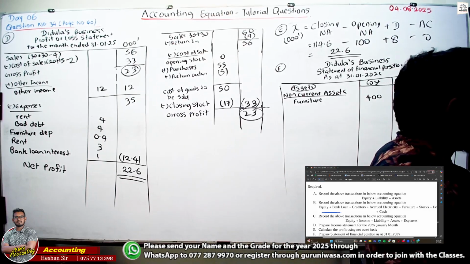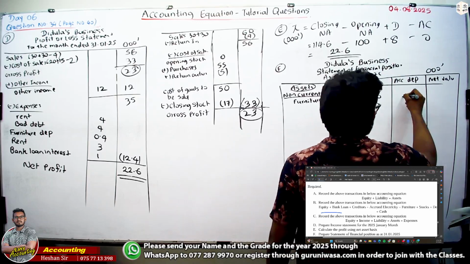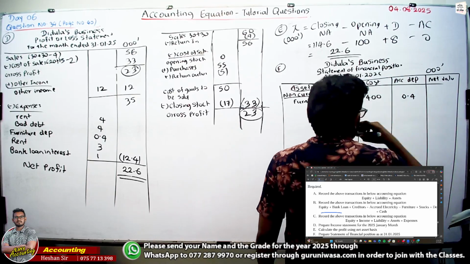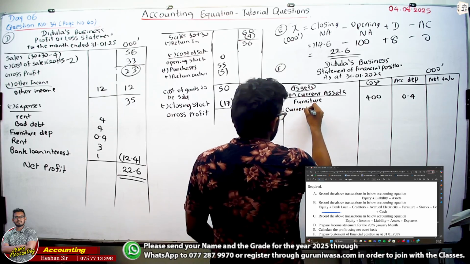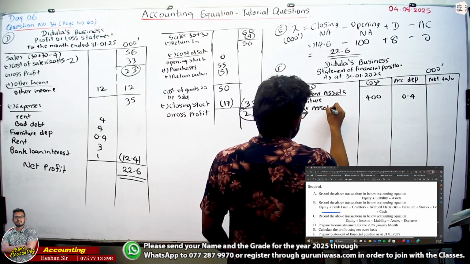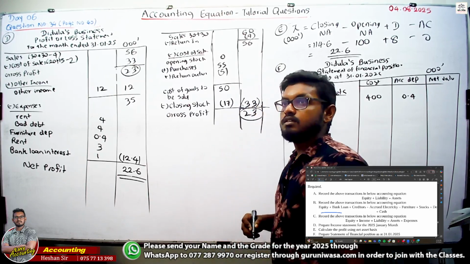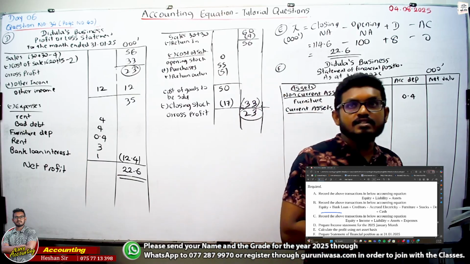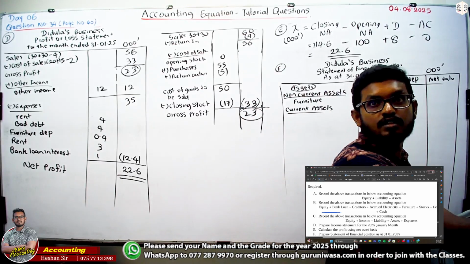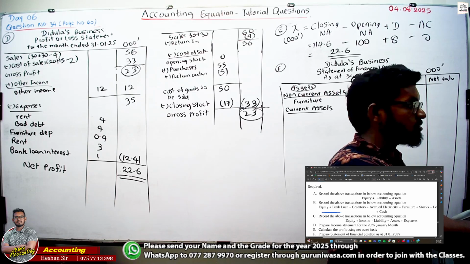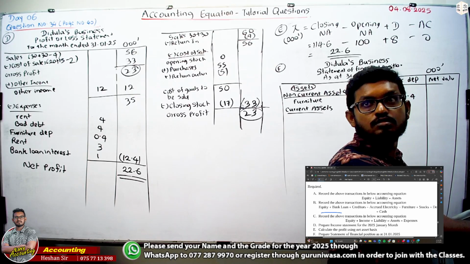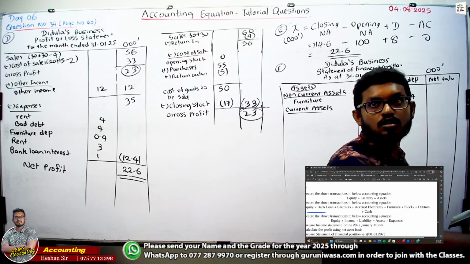So the depreciation was 0.4. Then deduct it and tell me. Then the current assets. Under current assets, we can take stocks, debtors, and the cash.